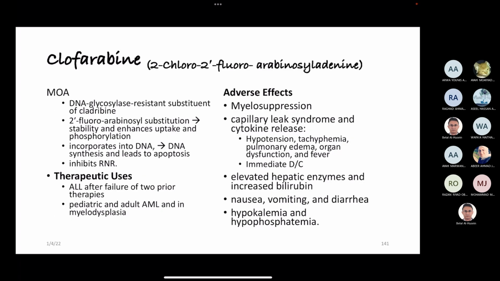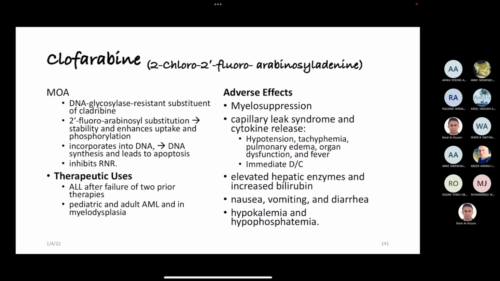Clofarabine is a new congener. It's used specifically for ALL if previous therapies fail, or AML, and also in mild dysplasia. This drug is resistant to some other mechanisms of resistance, like overexpression of glycosylase.